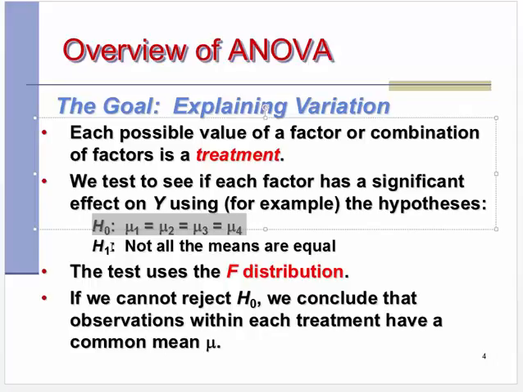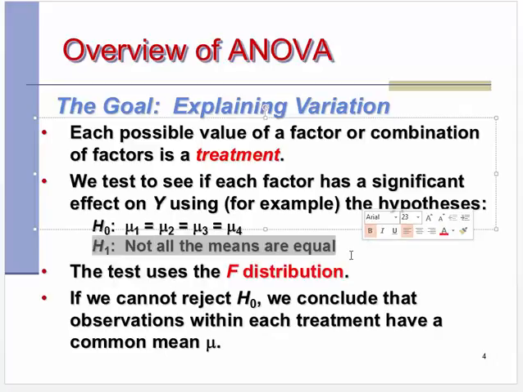H null is mu1 equals mu2 equals mu3 equals mu4. That is the mean of the dependent variable under different treatments. And H1 is that not all means are equal, so at least one of them is not the same as the others.